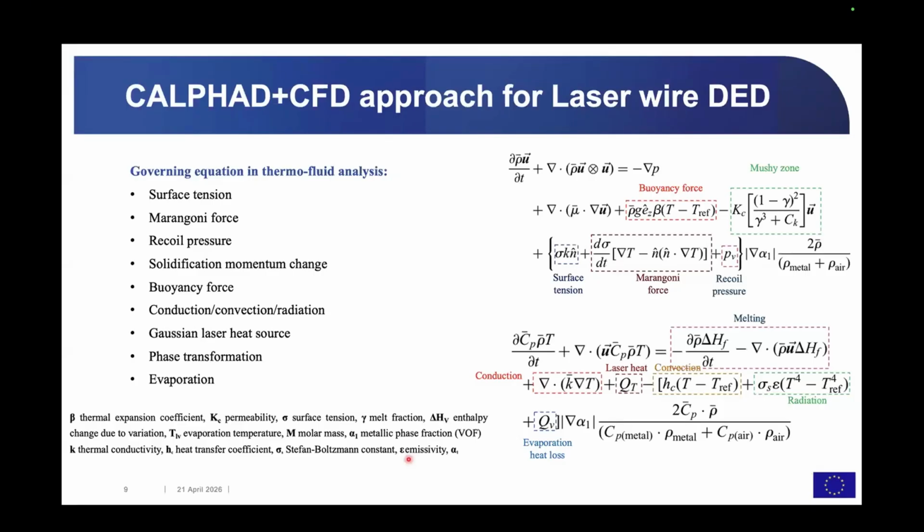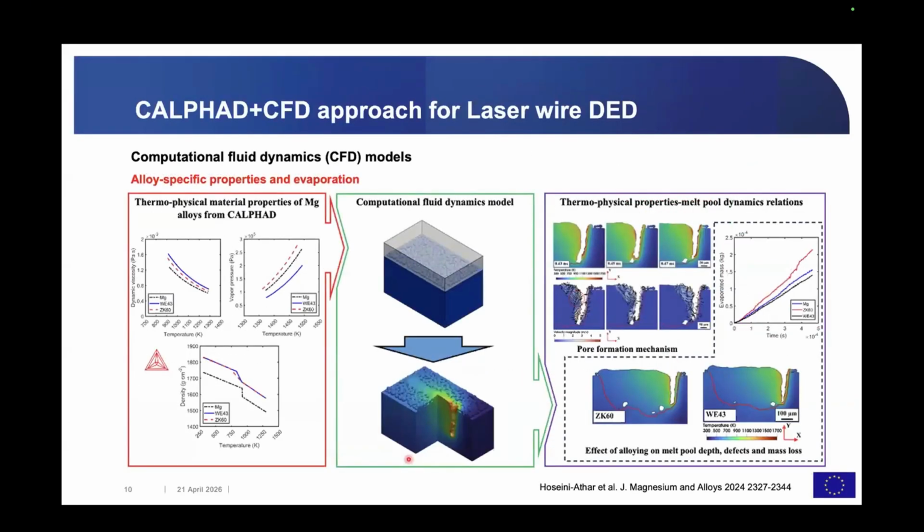So it can be very good for getting a better understanding of these processes, and also getting lots of useful information like temperature fields. There have been many CFD works around, but they have been focused more or less on materials like steels or stainless steels or aluminum or titanium and these things.